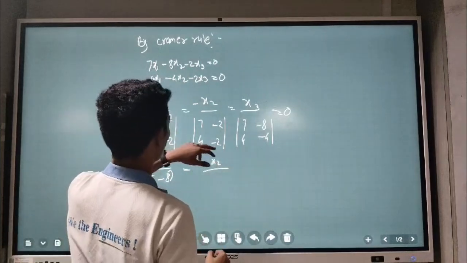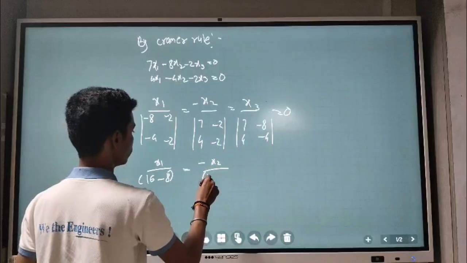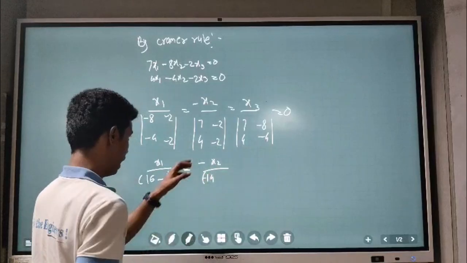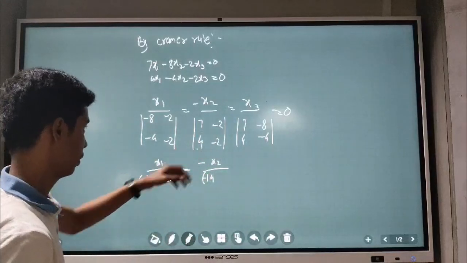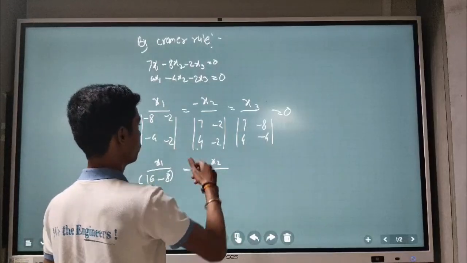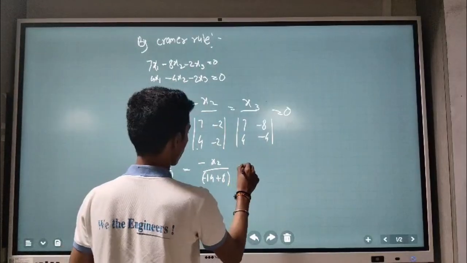For x2 we get 7 times 2 is 14 and 4 times 2 is 8, minus minus is plus, then 4 times 2 is 8, minus minus.